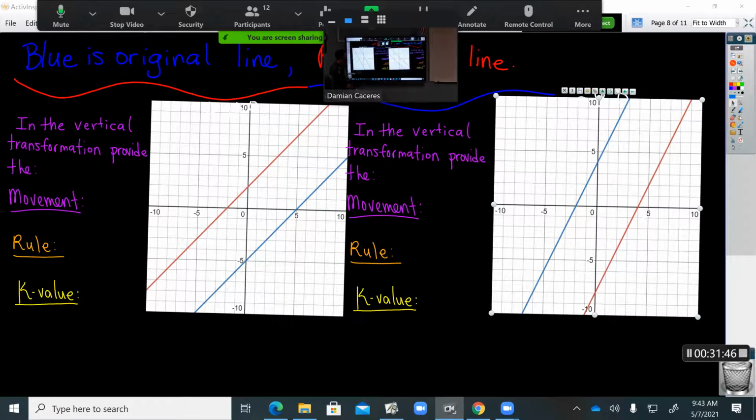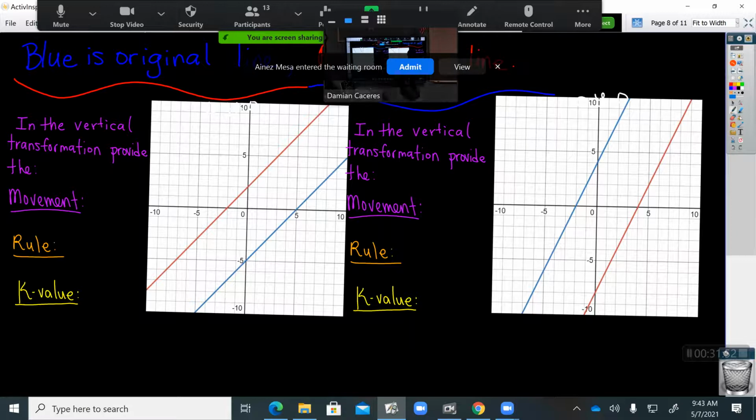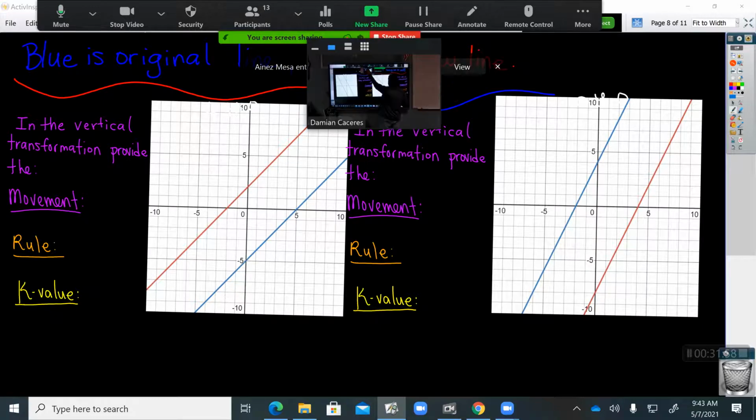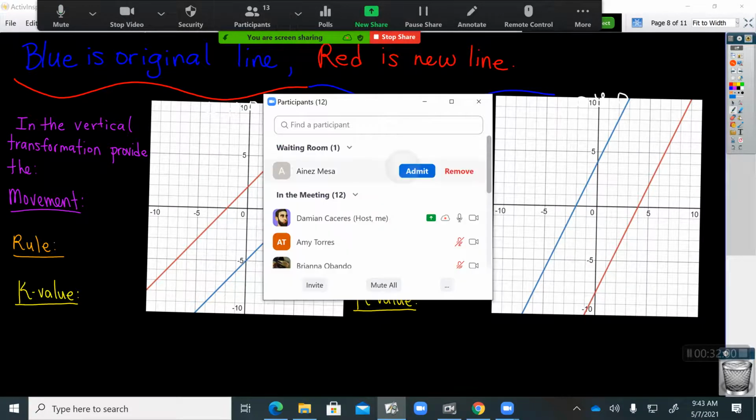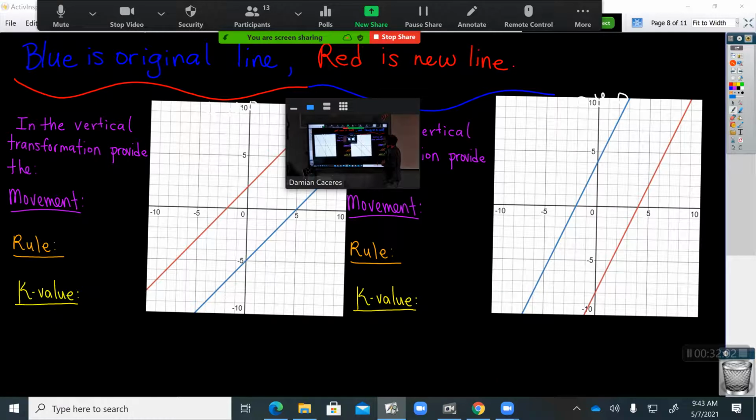Let's review these examples. So on the first OYO question, in the vertical transformation, provide the movement.